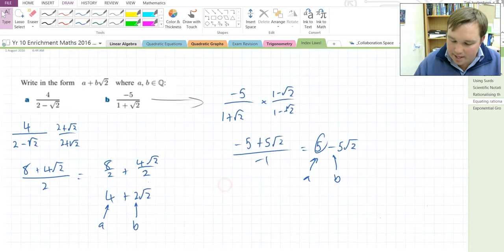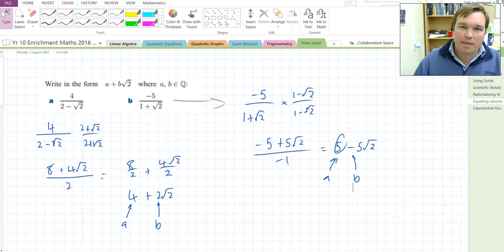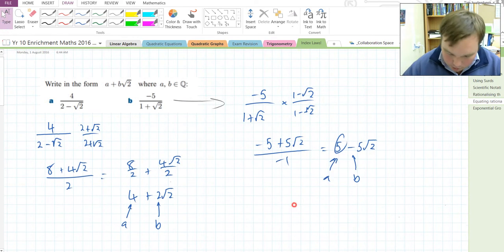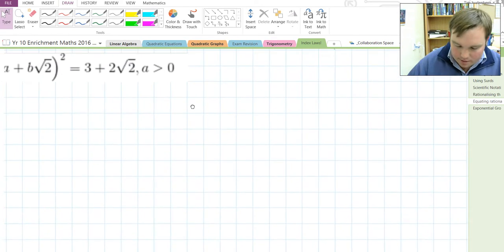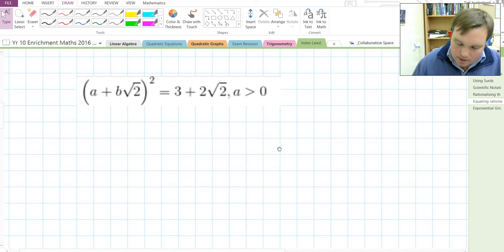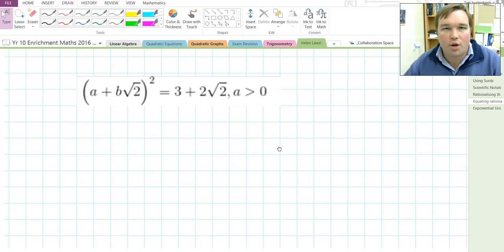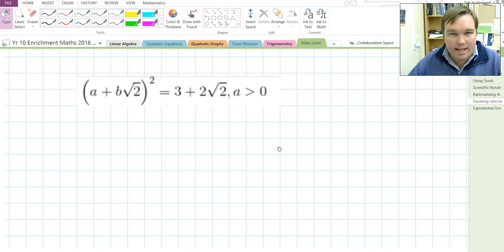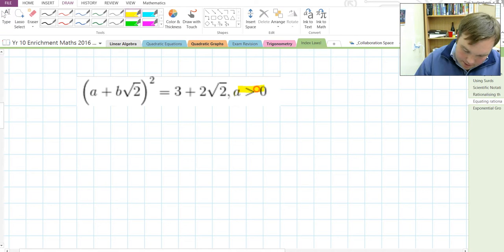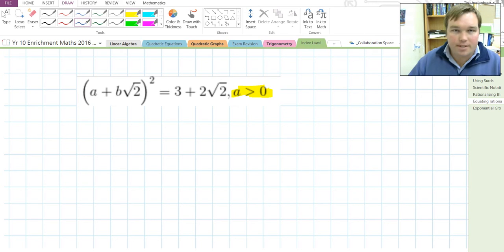Alright, now that just seems like algebraic gymnastics, and it is, but that becomes useful later on when we do more complex equations. And here's an example of it. The question is, solve for a and b, given that a is greater than 0. Alright, a couple of ways to go about this.